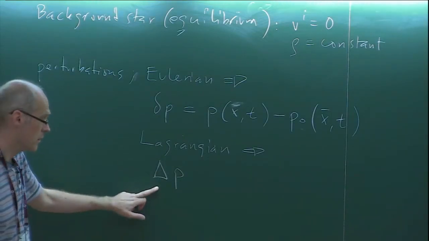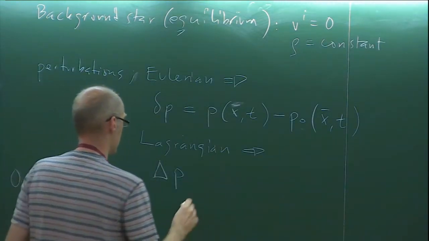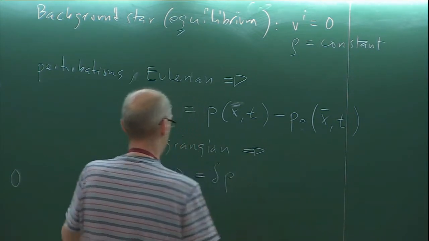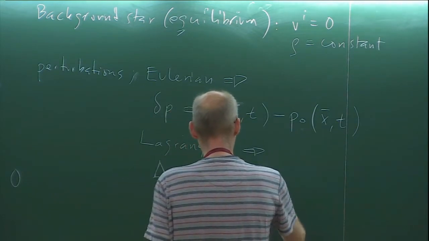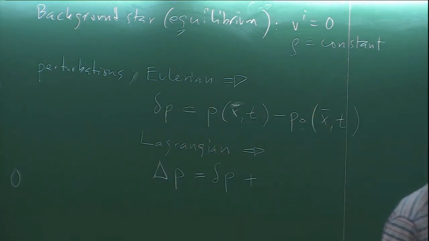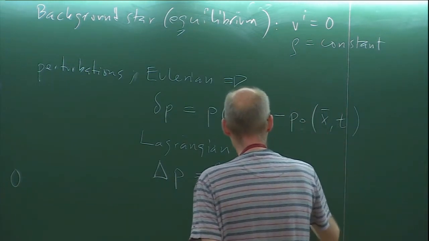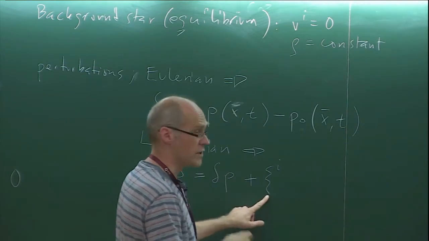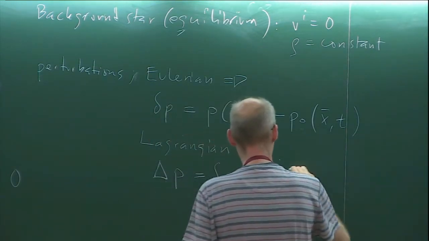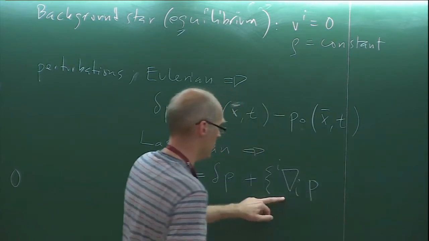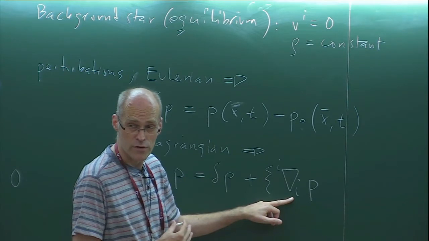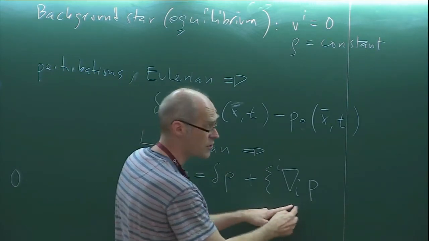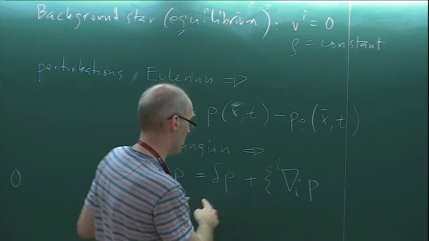I'm going to write this delta p like this with an uppercase delta, which is the same as this first guy, but has an extra bit, okay? And that extra bit is just the vector that connects the original point with the current point, and then what the background, this P naught, essentially was, right? So now you can see that if I have variations here, I pick up a difference between these two.